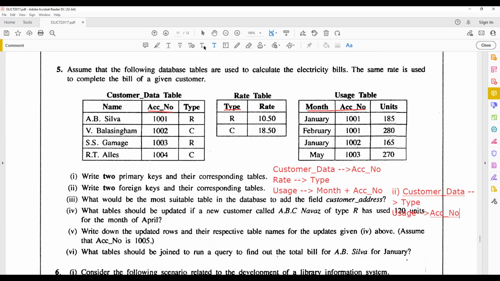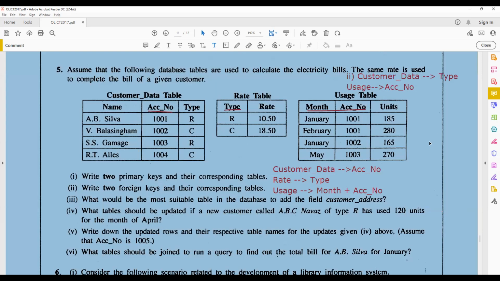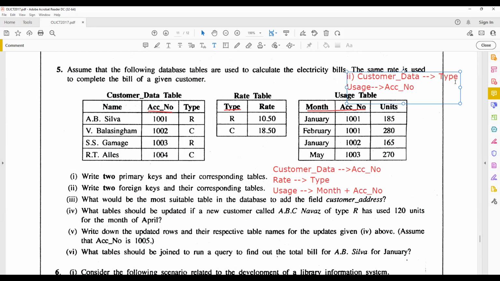So because of that, we can get this as well. So the answer for the second part we have discussed, right? So we have customer data is type, usage is account number.